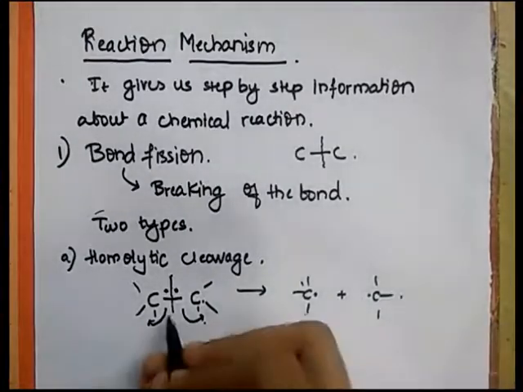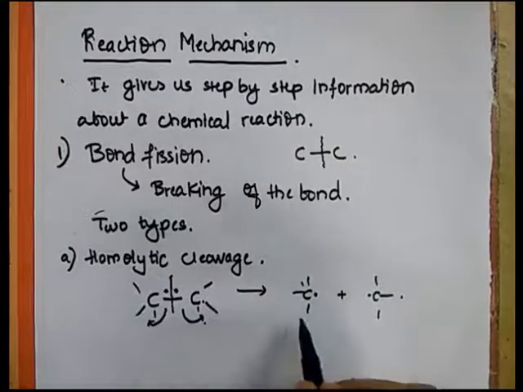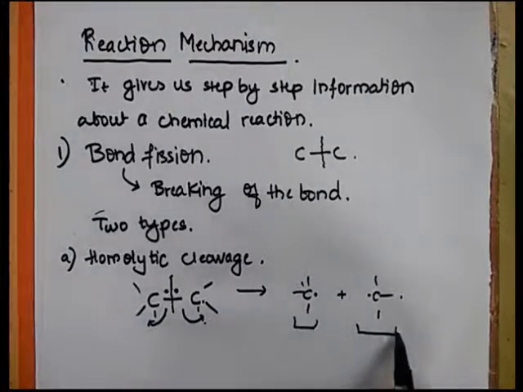So homolytic cleavage always gives us two free radicals.